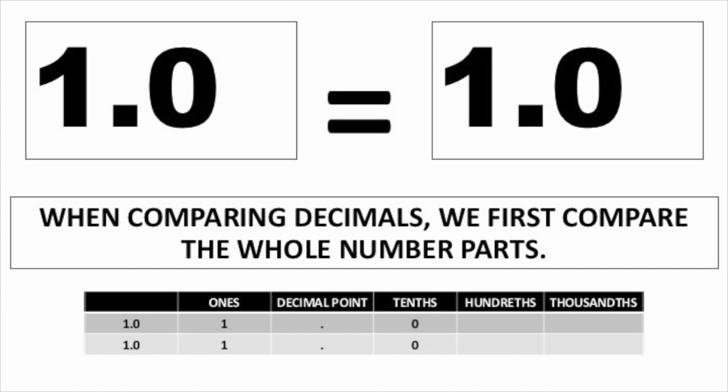So do we think greater than, less than, or equal to? Equal to is correct. You can see they're both the same number. So that's what we mean by equal to. We've got 1s, and the tenths, or the decimals, both 0. So equal to. You see? So we represent it with the equal sign.